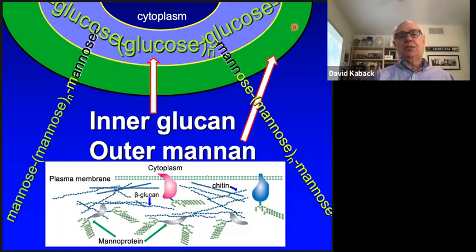This is just another 6-carbon sugar that's polymerized in these complex polymers that are bound to proteins that are ultimately bound to the plasma membrane and form this bi-layered cell wall. Glucan on the inside, mannan on the outside. That's all you really have to know. And the mannose is usually associated with some proteins.